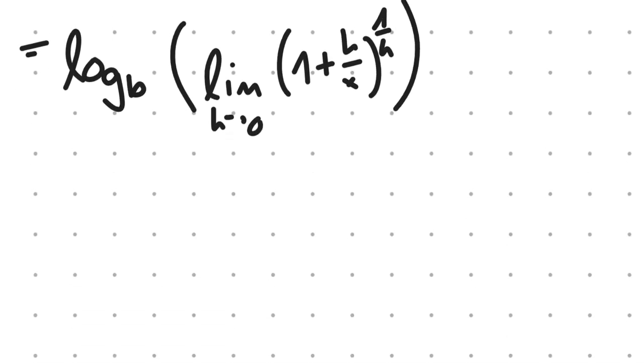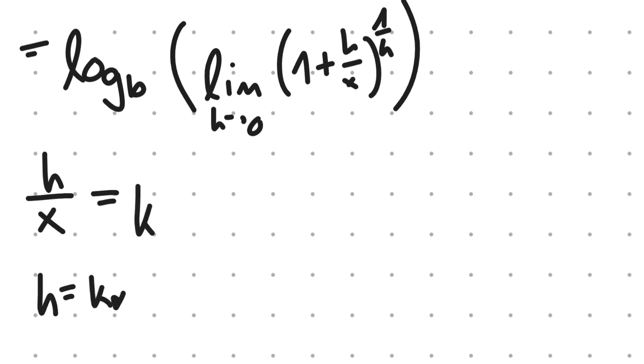So as we have the logarithm base b of the limit as h approaches 0 of 1 plus h over x to the 1 over h power, we can let h over x be another variable. So we can set h over x equal to k, for example. Then h is equal to k times x, and if we take the inverse, we have 1 over h is equal to 1 over kx.